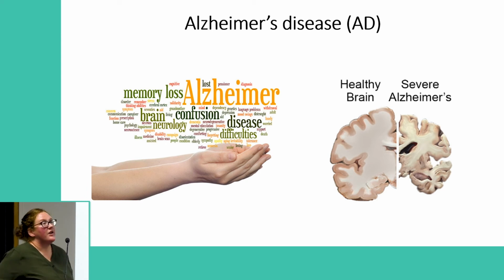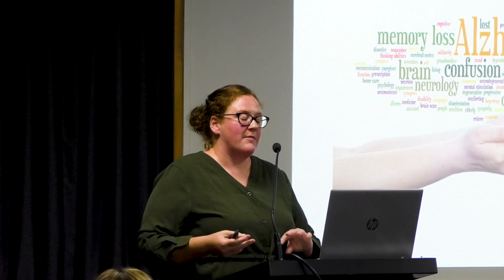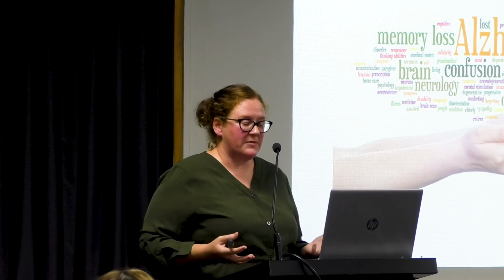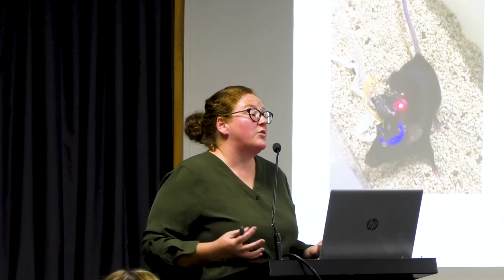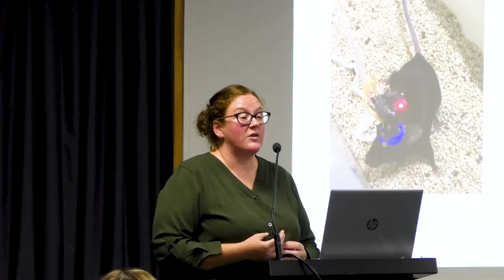But even though we kind of know what's going on structurally, we don't really know how the brain cells that are still present are functioning. So there hasn't been a lot of work looking at living tissue in Alzheimer's disease. So that's why we have started to apply this Miniscope technique to actually look inside the brains of a mouse model of Alzheimer's disease while they're doing memory tests.